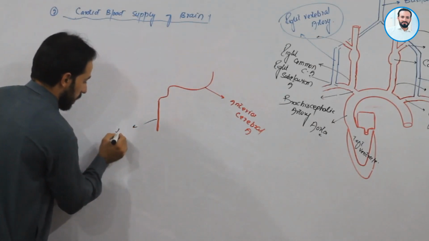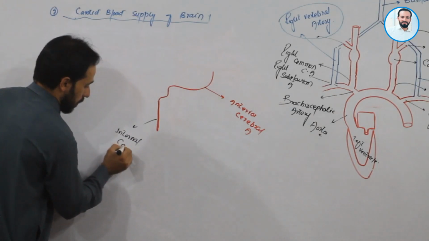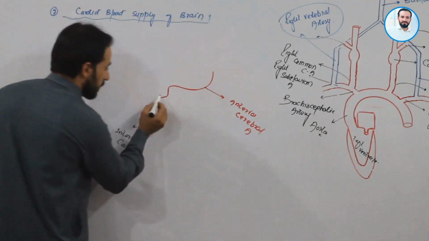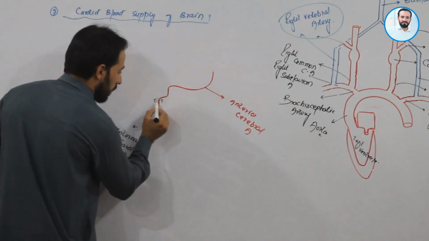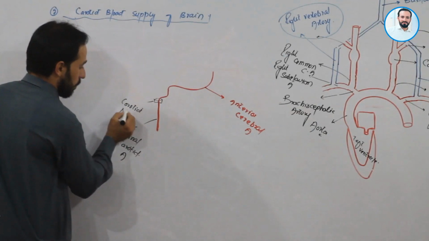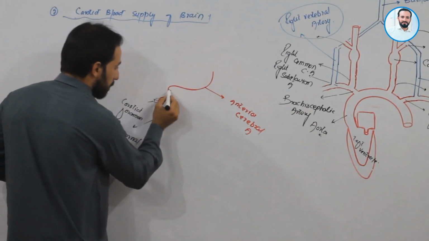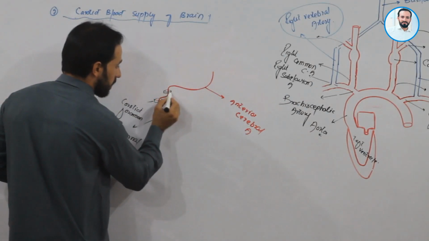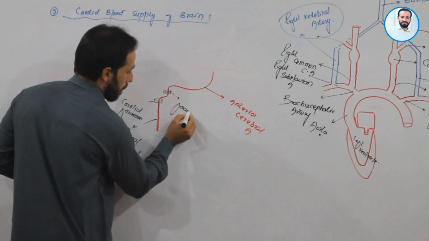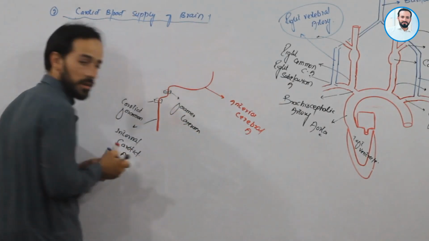Let me show. This one is the internal carotid artery, right? The internal carotid artery entered the carotid foramen, right? Then it pierced and exited the foramen lacerum. Clear, friends?